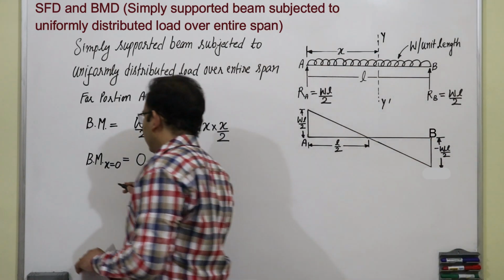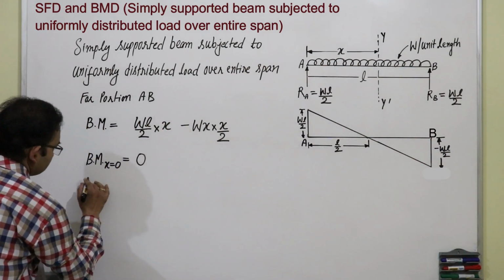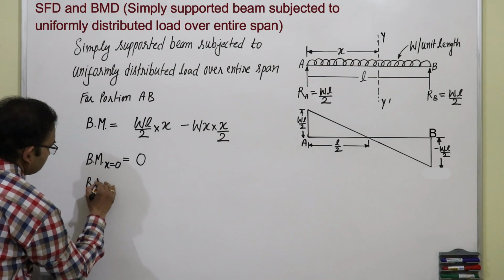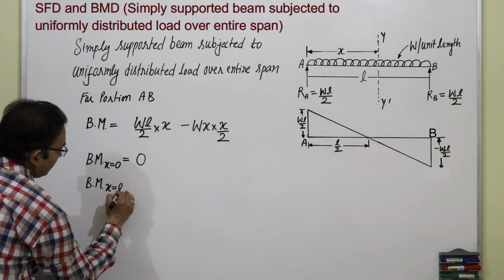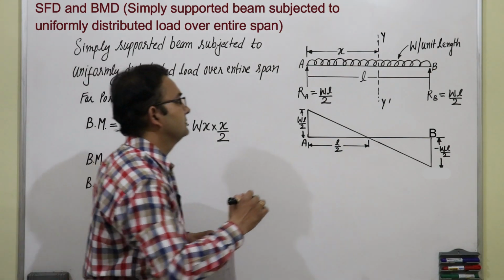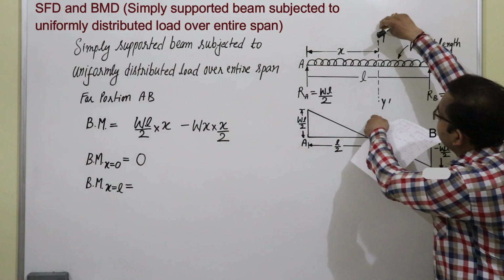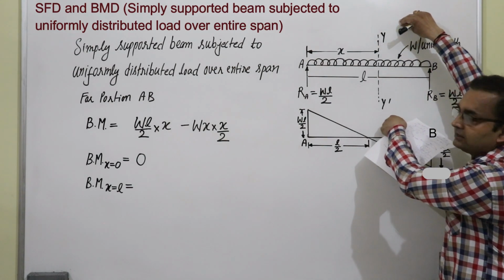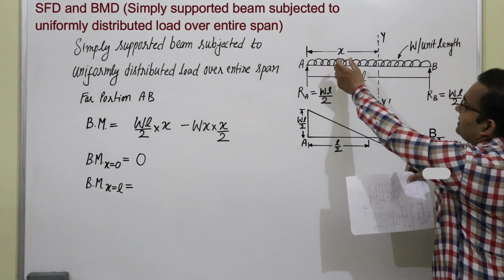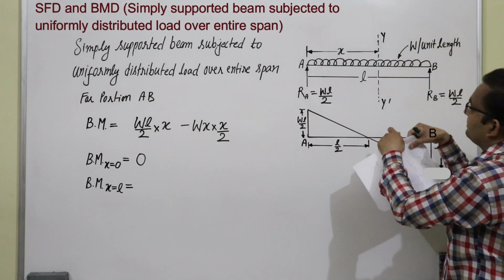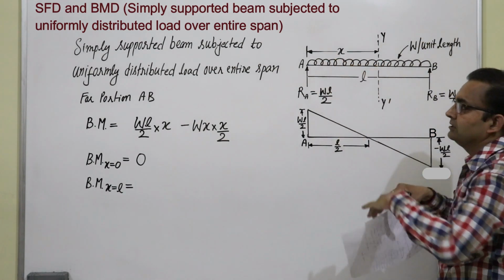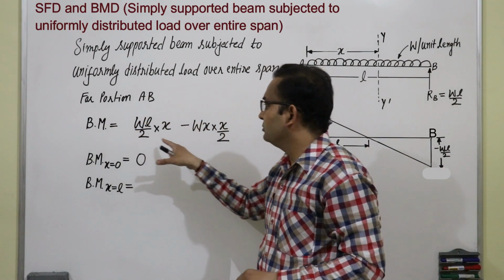Now, we will find out bending moment at x equal to L. We will slide this section to this side. What will happen? X will increase. When it comes to here, x will become L. So, this is the general equation of the bending moment.